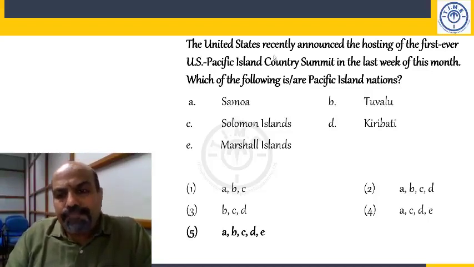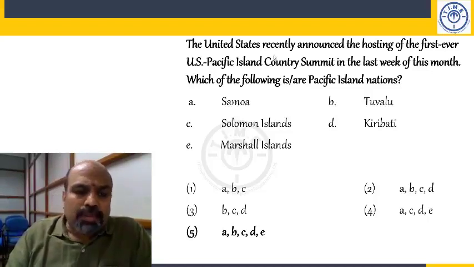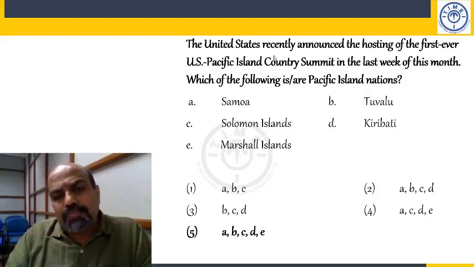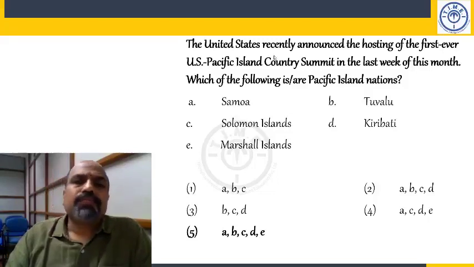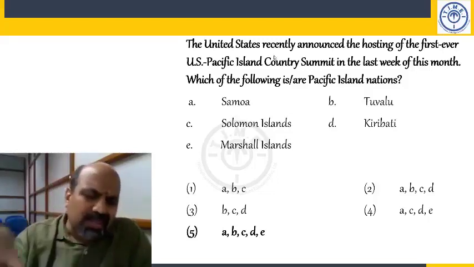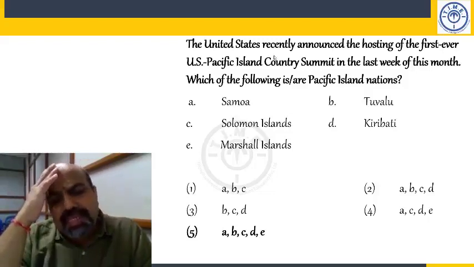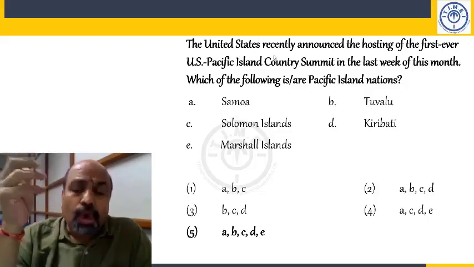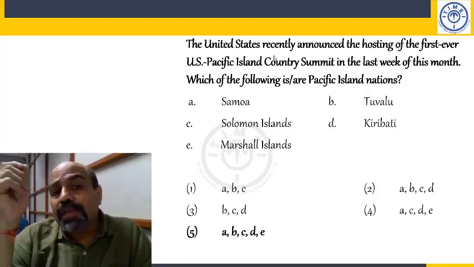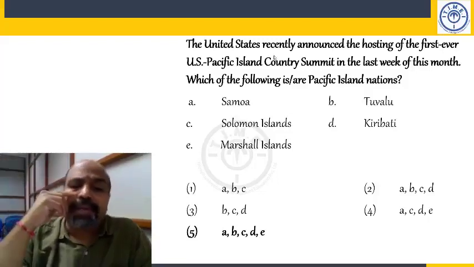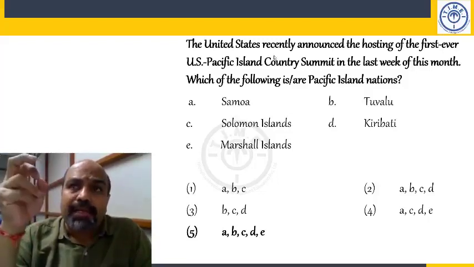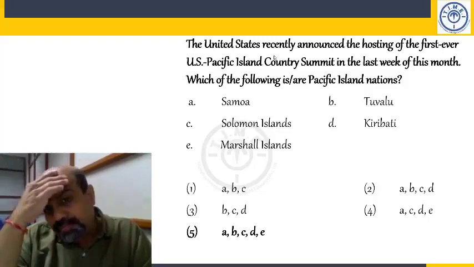Then we have Solomon Islands. They are all pretty close to each other. The capital of Solomon Islands is Honiara, H-O-N-I-A-R-A.